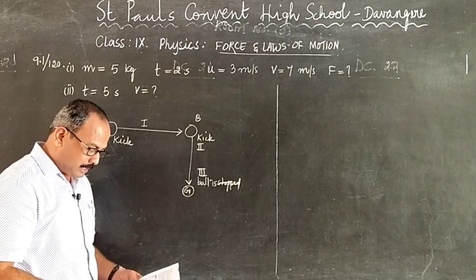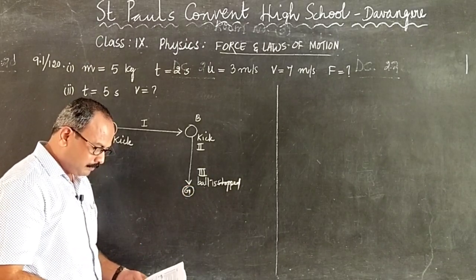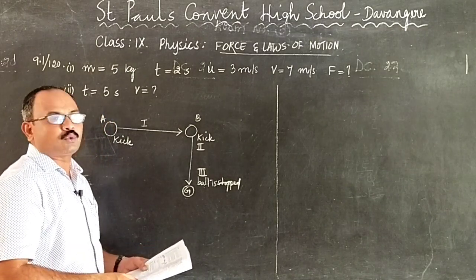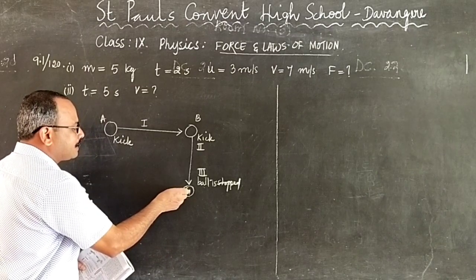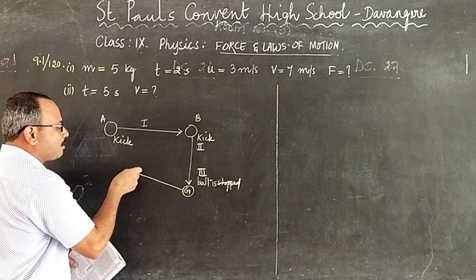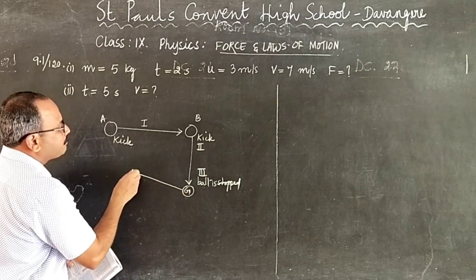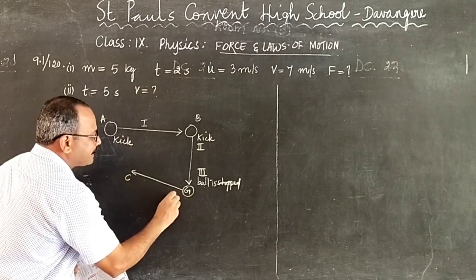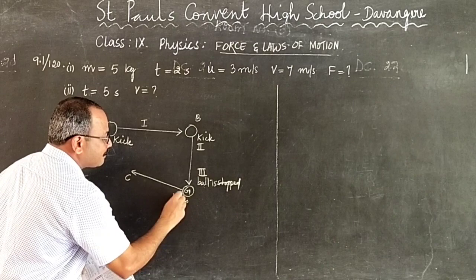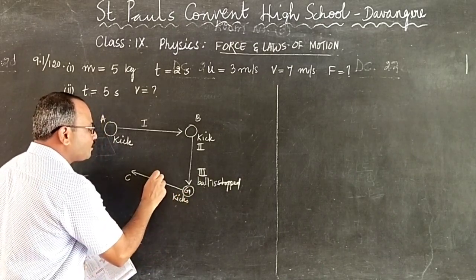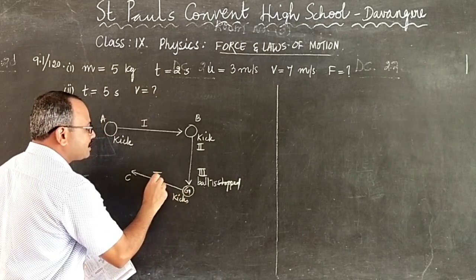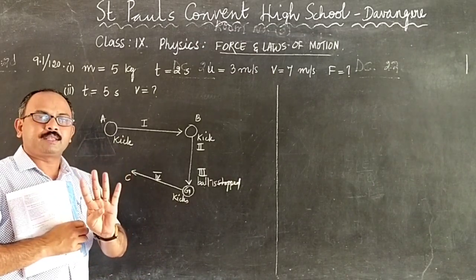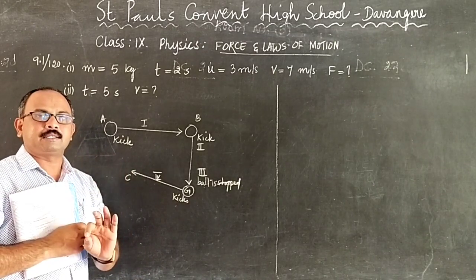The fourth time he again collects the football and kicks it towards a player of his own team. Let me consider this as C, and he kicks it, the agent. So the fourth time velocity changes. So there are 4 times the velocity of the ball changes.